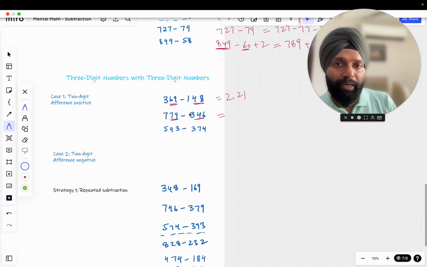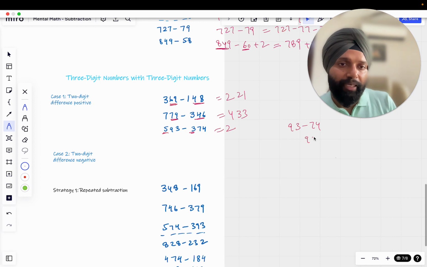So again 7 minus 3 is 4, then 79 minus 46 is 33. 5 minus 3, hundreds digit I'm talking about, this is 2. 93 minus 74. Now how do we do 93 minus 74? If you see, this is just 93 minus 73 minus 1, right, which is 20 minus 1, which is 19. This is 290.